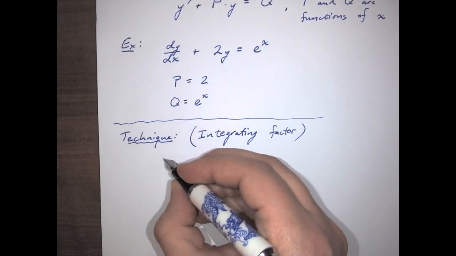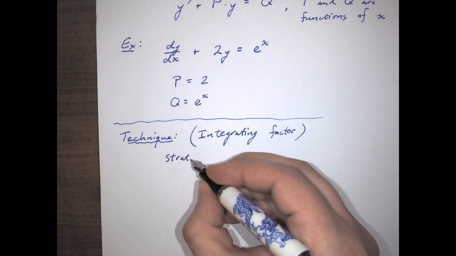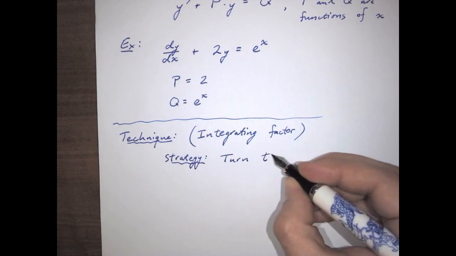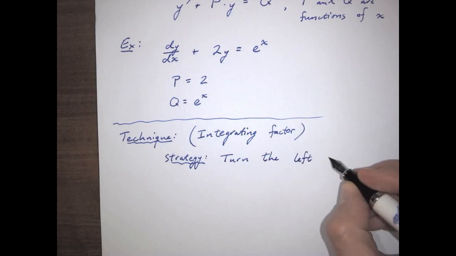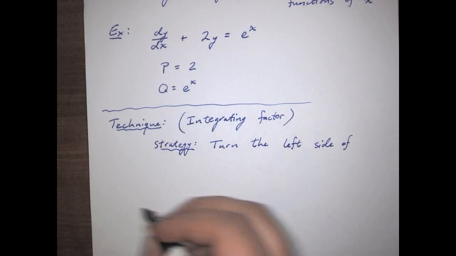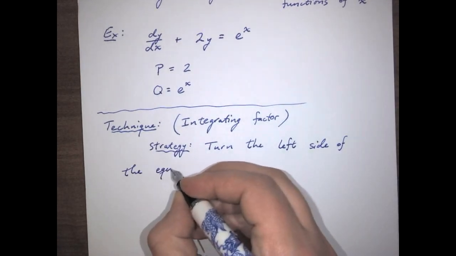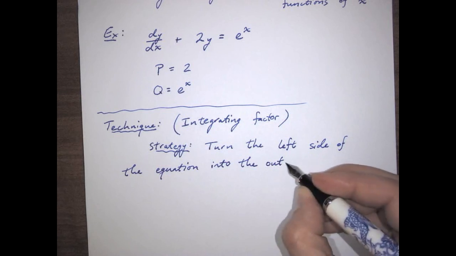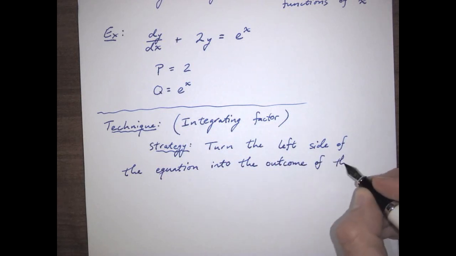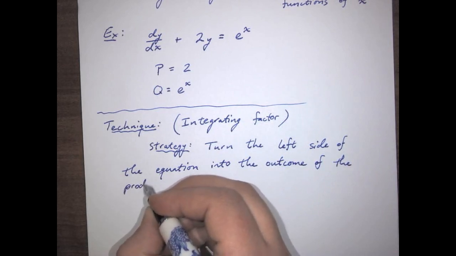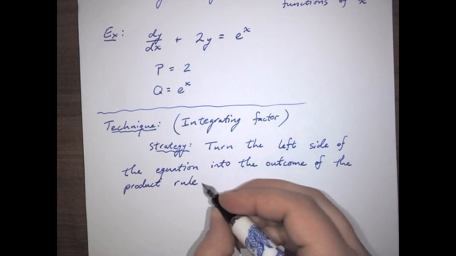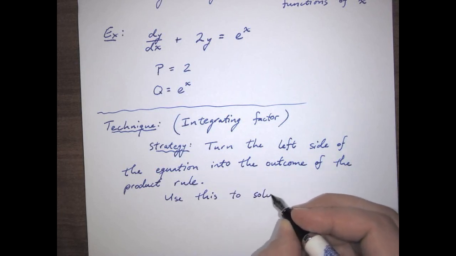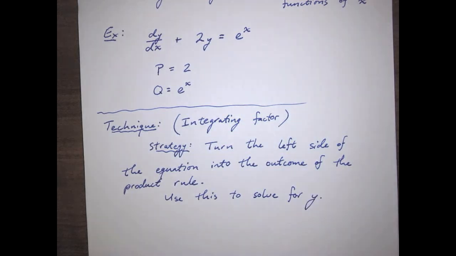So the strategy, the idea, is to turn the left side of the equation into the outcome of the product rule, and then use this to solve for y.